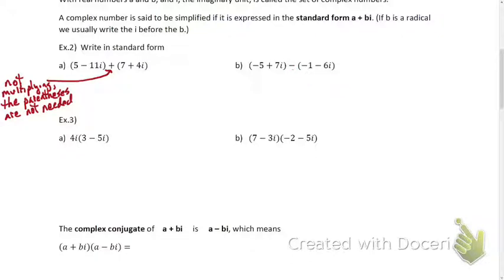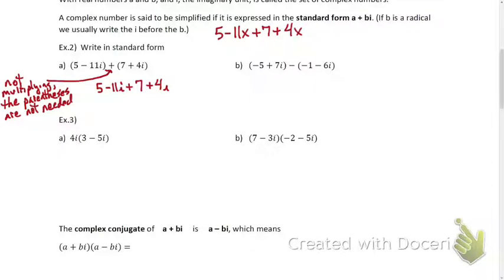All right? So on example 2a, you literally get rid of the parentheses by not writing them, and you write plus 7 plus 4i, and you treat this just like it's identical to if you were to simplify this expression right here.